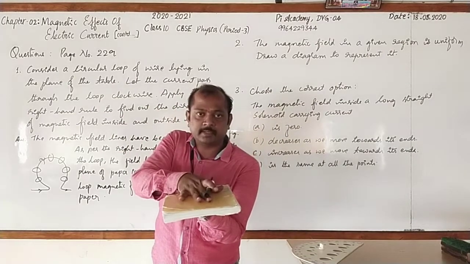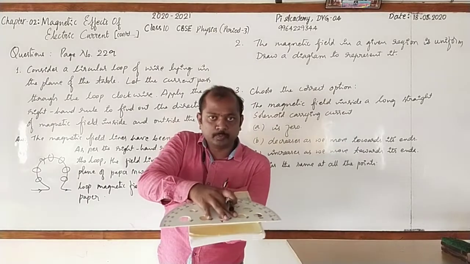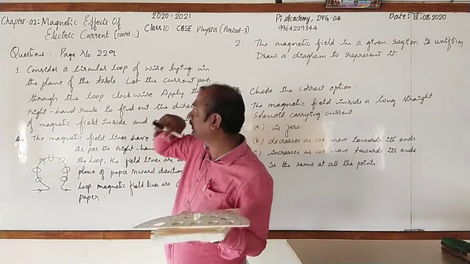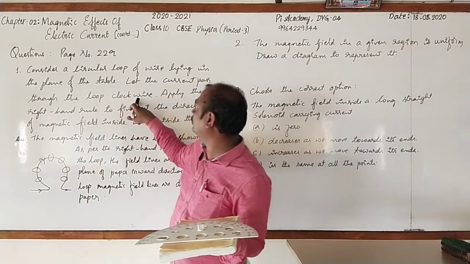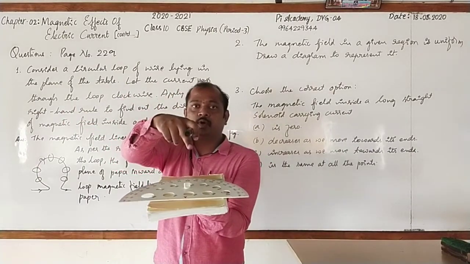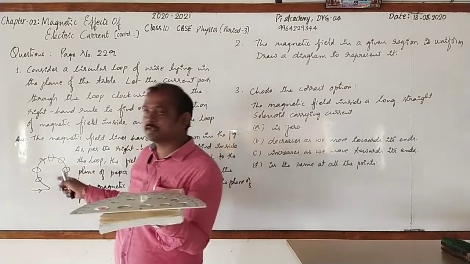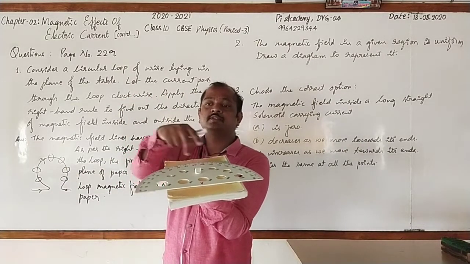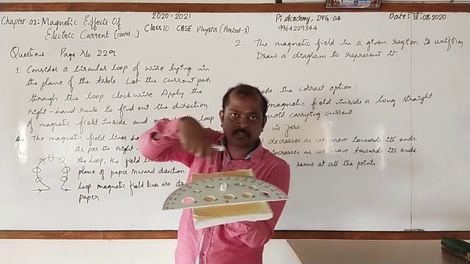So this is the table and you are going to place a circular loop like this. Okay. Then let the current pass through the loop clockwise. For you all, I am showing the clockwise direction, right?